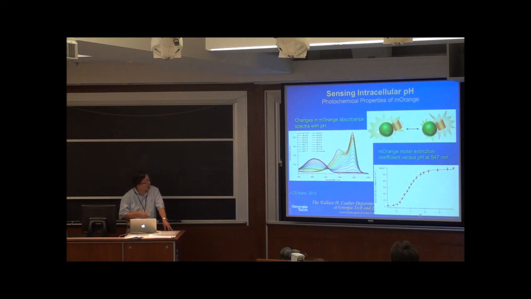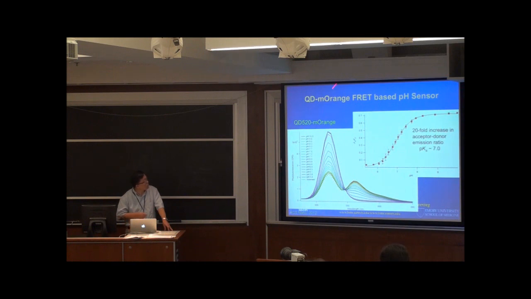So we combine that with a quantum dot to form a FRET probe for pH sensing. We use quantum dot 520, that's the emission peak, with mOrange. Again, we have this very nice set of curves for absorbance with the same pH range, from pH 5.4 to pH 10.